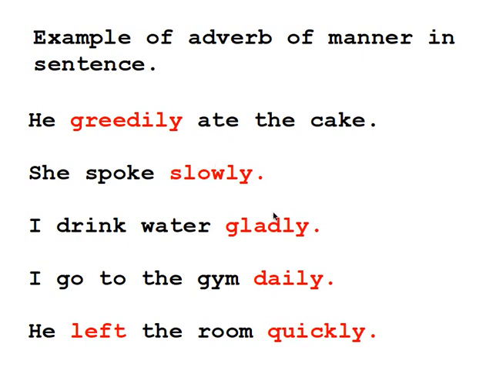In the rest, it came after the verb. And so no matter where it is placed, the ly is what we need to always remember, so that you'll be able to answer them wherever you meet them.